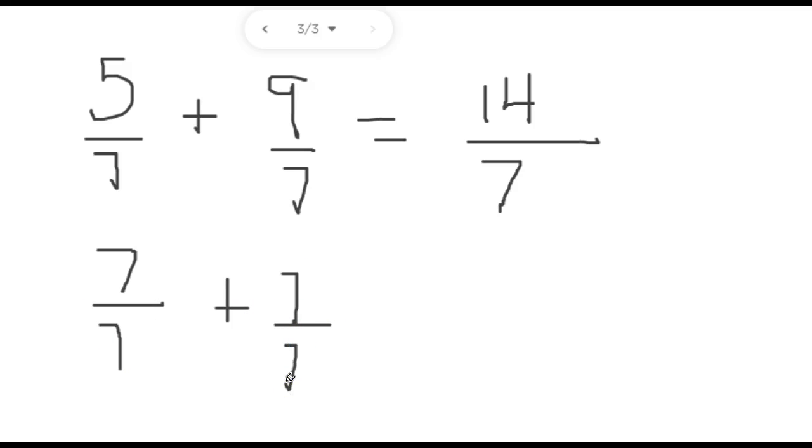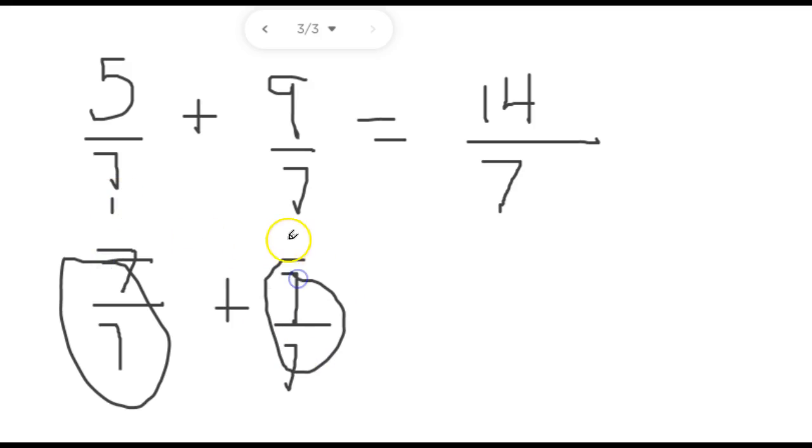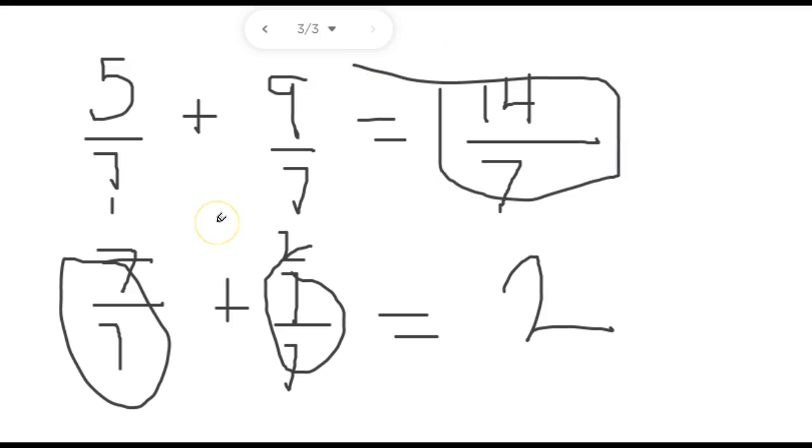Because there's 7 left over. So what happens here is you have 1, 2. So the answer to this question is actually 2. And you can see that expressed here as the fraction 14 over 7, which we'll talk about later, is really a division problem, which is 14 divided by 7.